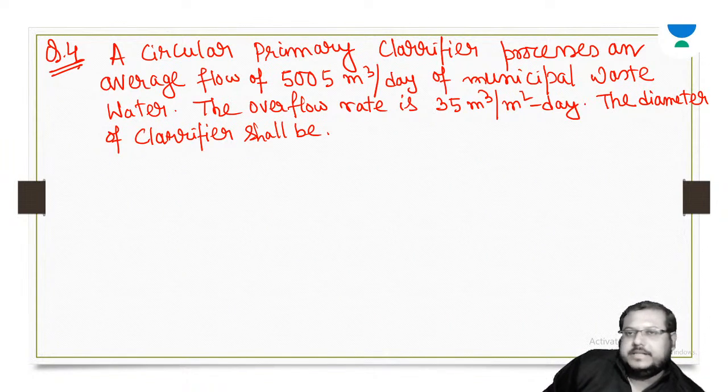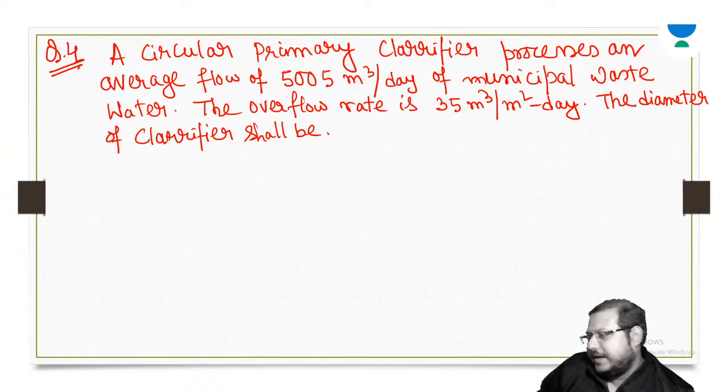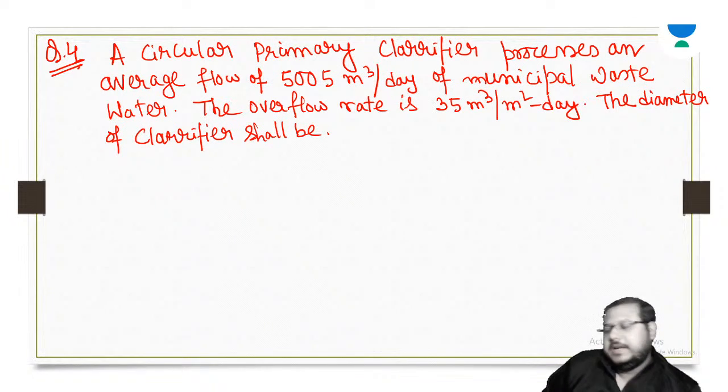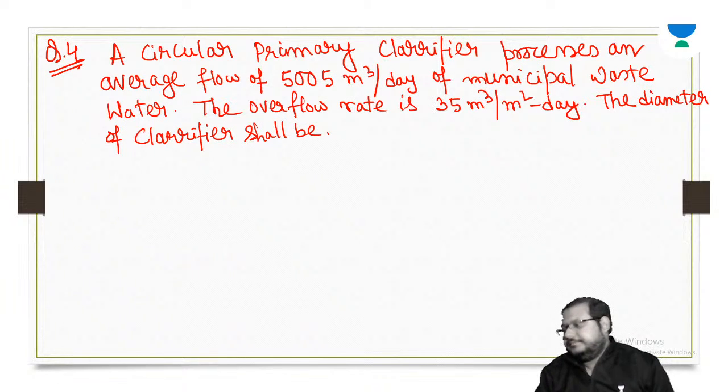The overflow rate is 35 meter cube per meter square day. The diameter of the clarifier shall be. Quickly solve this.